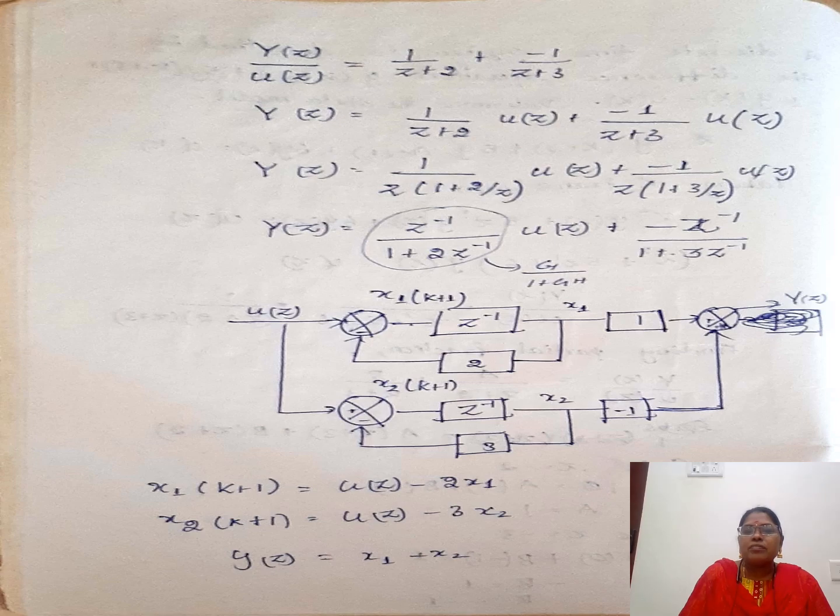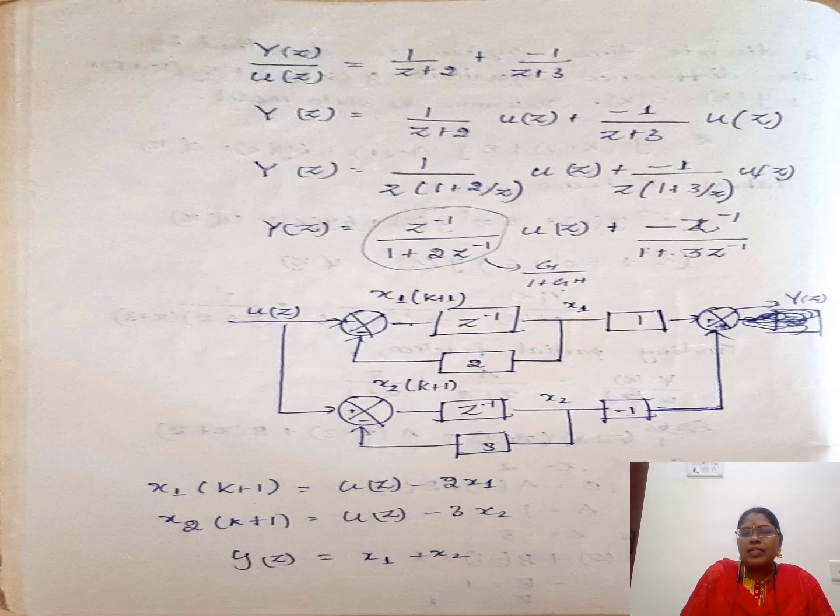And here, this connection is nothing but we have 2 and this is x2, which is connected to a negative sign. So I can write it as minus 2x1. That's why you will get minus 2x1. Similarly, for x2 of k plus 1, again the same u is coming, one connection. Another one is added to give x2 of k plus 1.